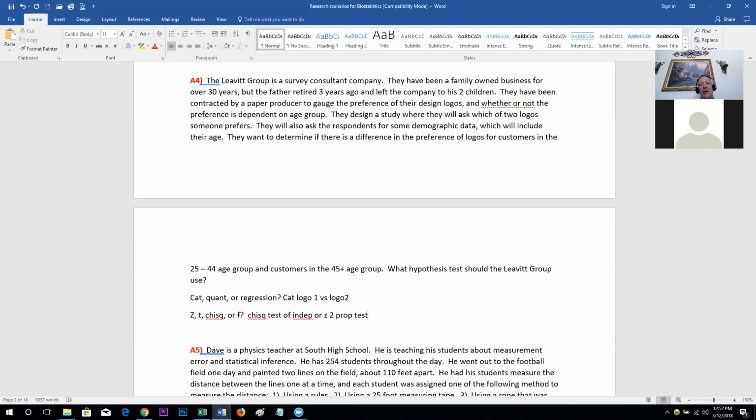I found this out when I had a student that challenged me, on a similar problem. He said, why couldn't you do a 2 proportion test? And then I found out that a chi-square test and a 2 proportion test will give you the exact same p-value, which really surprised me. I was like, let's plug in some numbers, and all of a sudden, oh my gosh, you can do it either way.